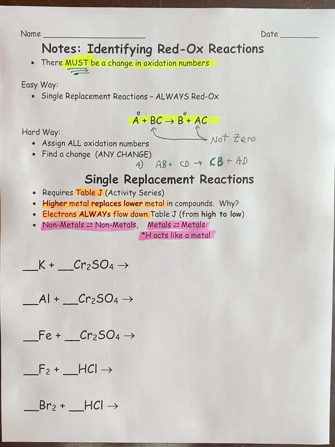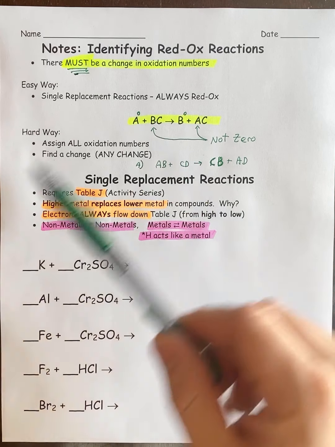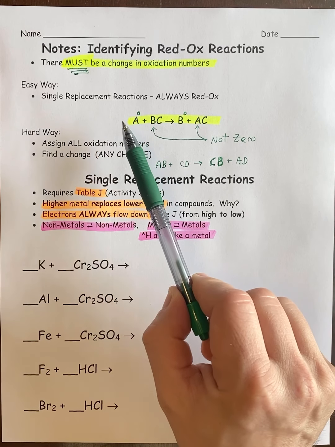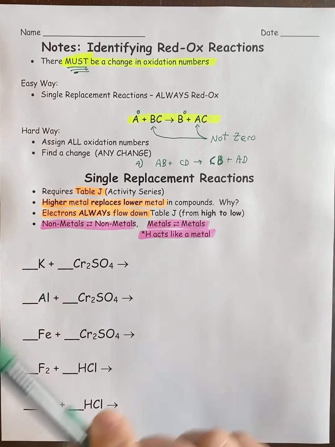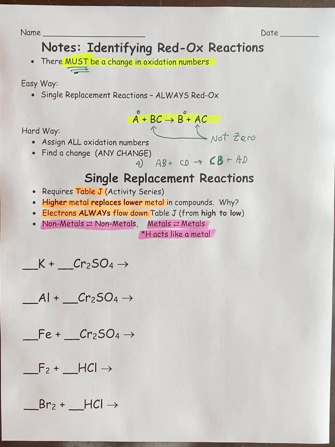If there's no change in oxidation state, then it doesn't count as single replacement, or redox for that matter, specifically. And if there is a change, then that does count as a redox reaction. Single replacement are always redox because by definition, the 0, not 0 change makes them redox reactions. So those are the two ways to identify a redox reaction.